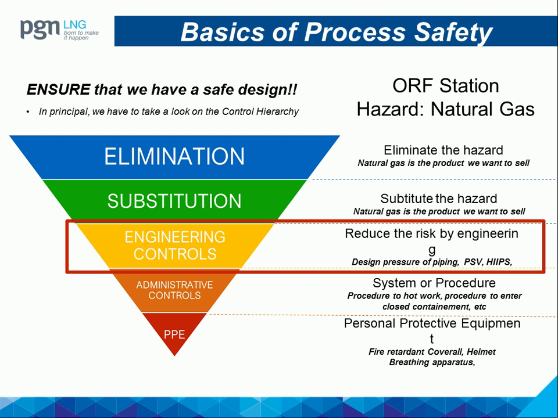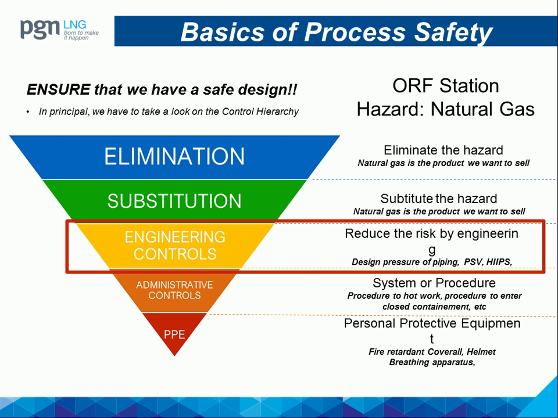We need to find another solution whether we can substitute the hazard. And in this case, the product that we would like to sell is the hazard. So basically we cannot substitute it with something else without any danger on the product itself.